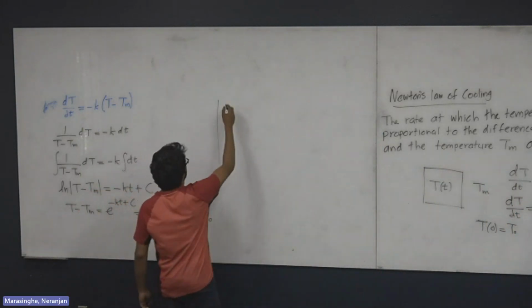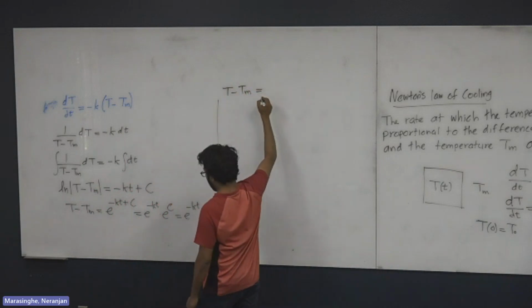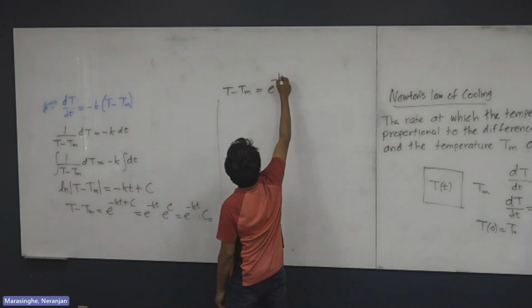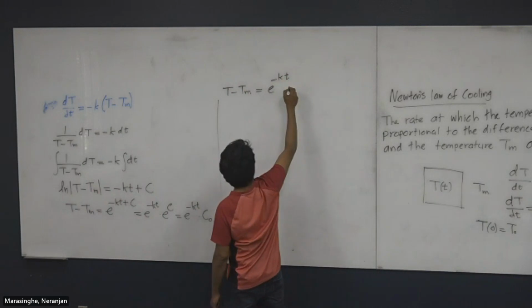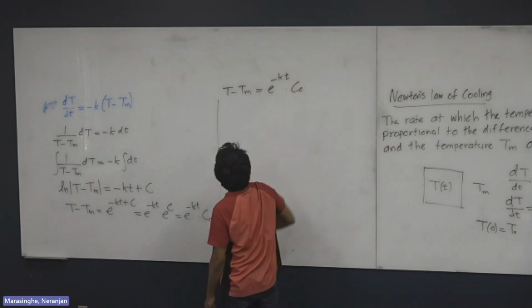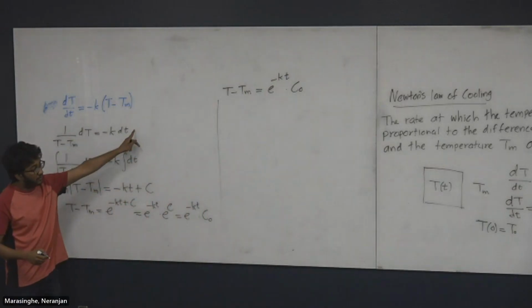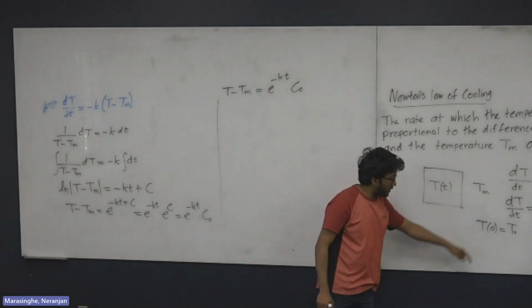So I have T minus Tm is equal to e to the negative kt times C naught. Now I'm going to use the initial condition to find the value of C naught. I know that the initial temperature of my object is going to be T naught.